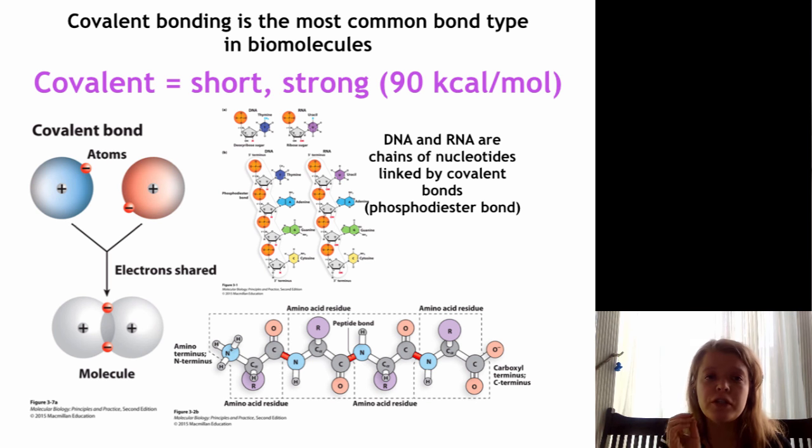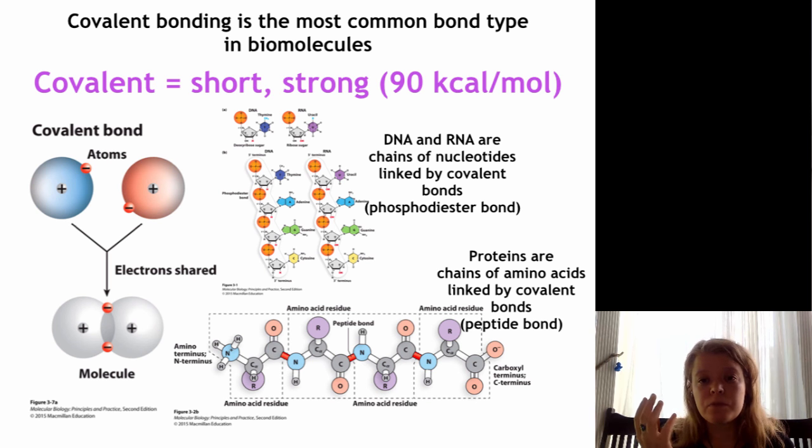And as I said, covalent bonds are relatively short and very strong. It will take a lot of energy for an enzyme to break a covalent bond. So they're structural things.